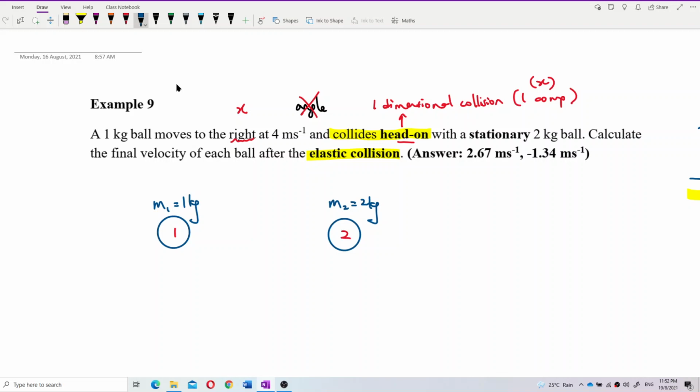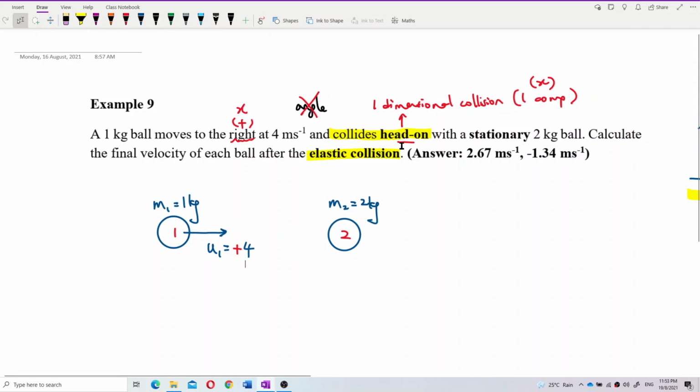Ball 1 is moving to the right, so this is the initial velocity u1. Moving to the right is positive, so u1 is positive 4 meters per second.